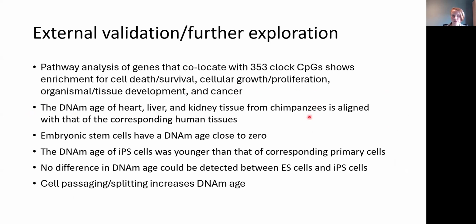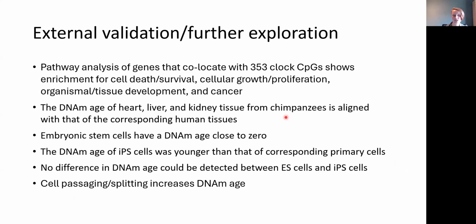They also looked at how the predicted age compared with actual age in chimpanzees and found that it correlated pretty well, actually. So that's quite interesting. I think they also looked at gorillas and they didn't correlate quite so well, which sort of makes sense. And then they also looked at embryonic stem cells, which had a predicted age close to 0, which is nice.